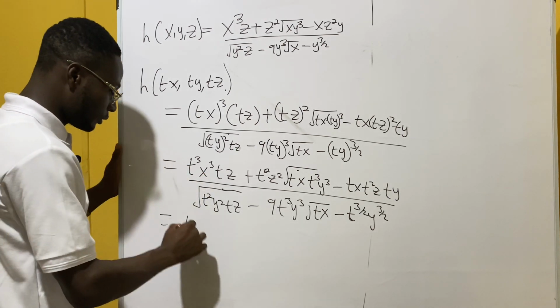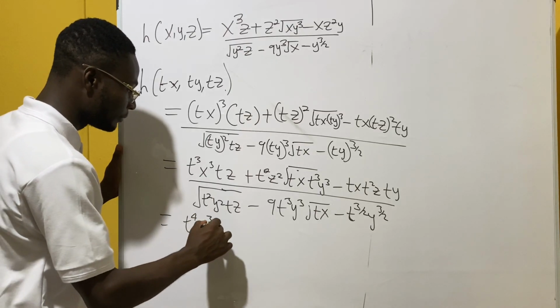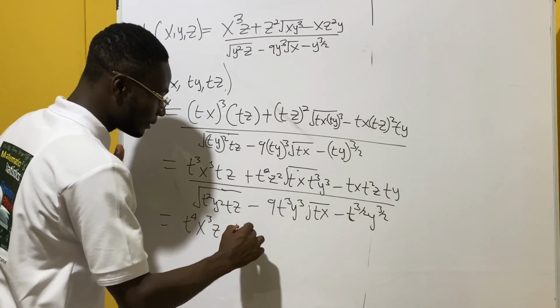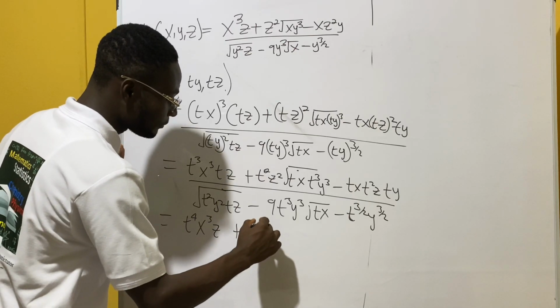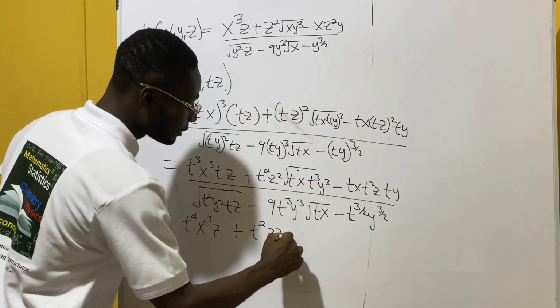So t power 4 x cubed z plus t power 2 z squared.